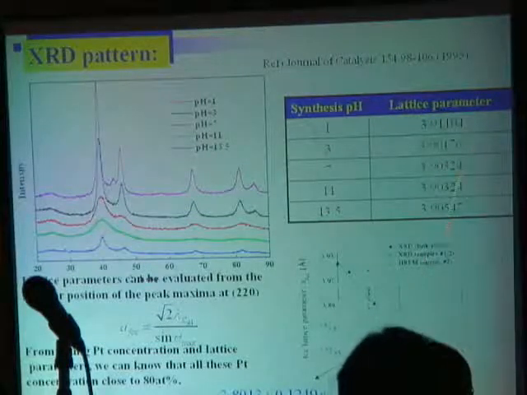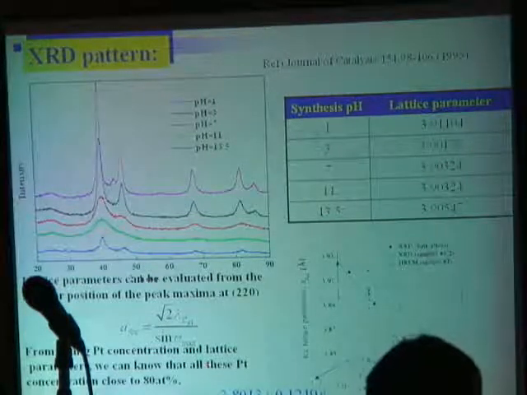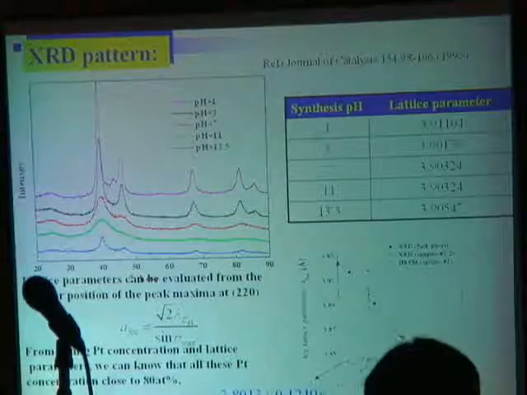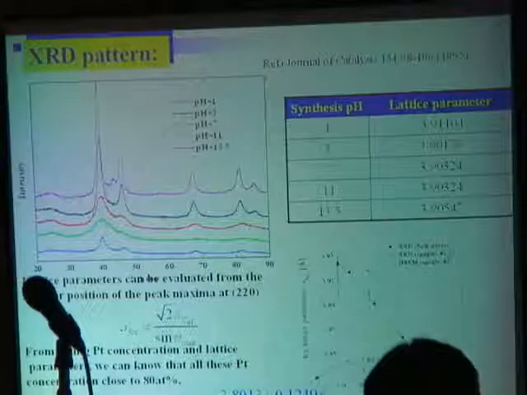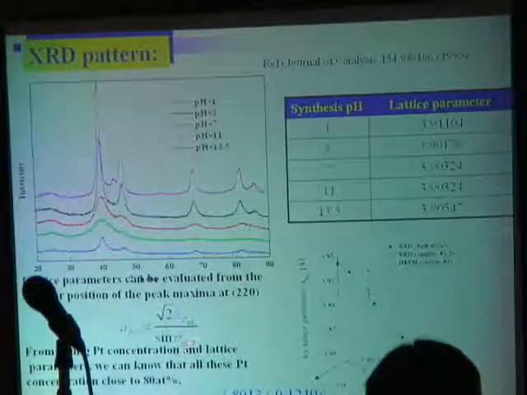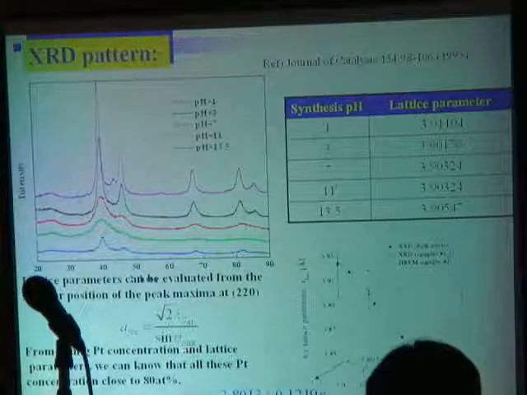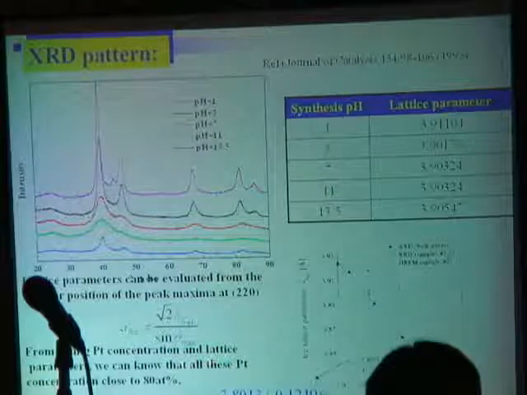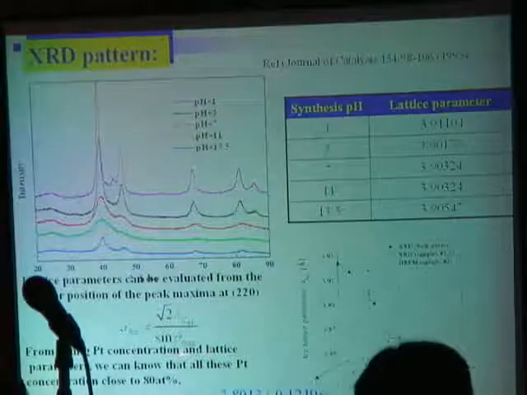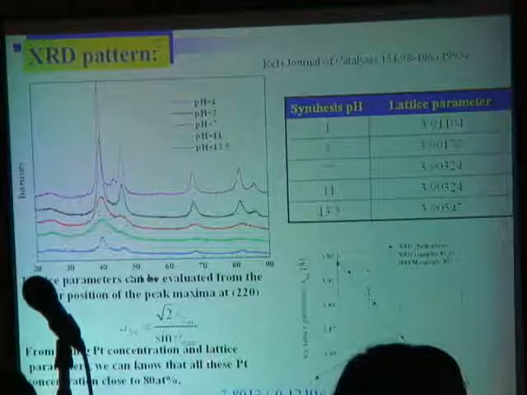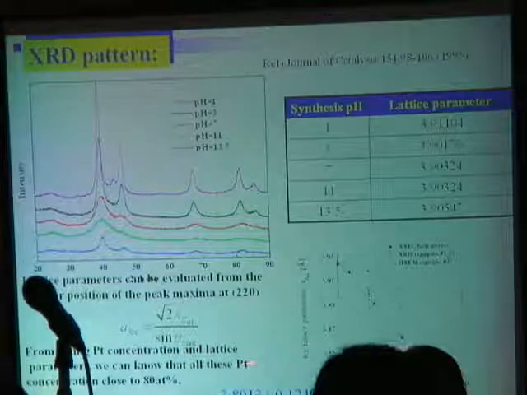From the lattice parameter, we calculate that the Pt concentration is close to 80%. But as I prepared the catalyst with 1:1 PtRu, the Pt content should be 50%. So that means some Ru exists not in the alloy form.